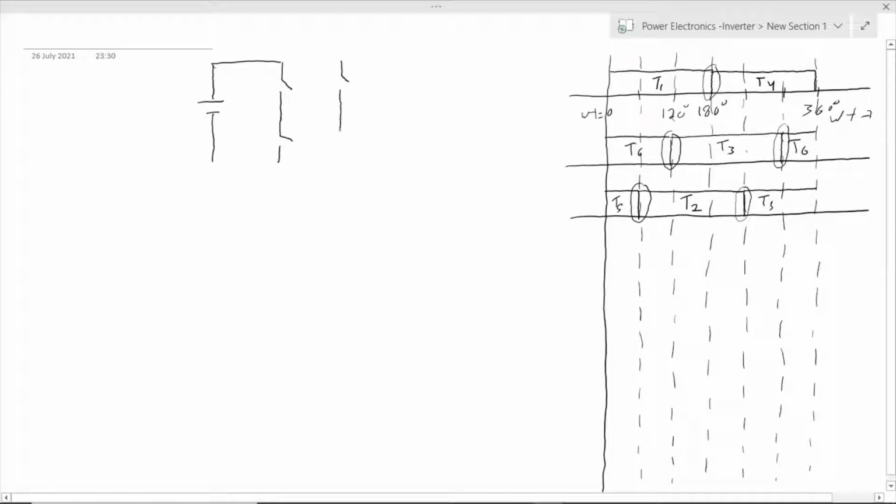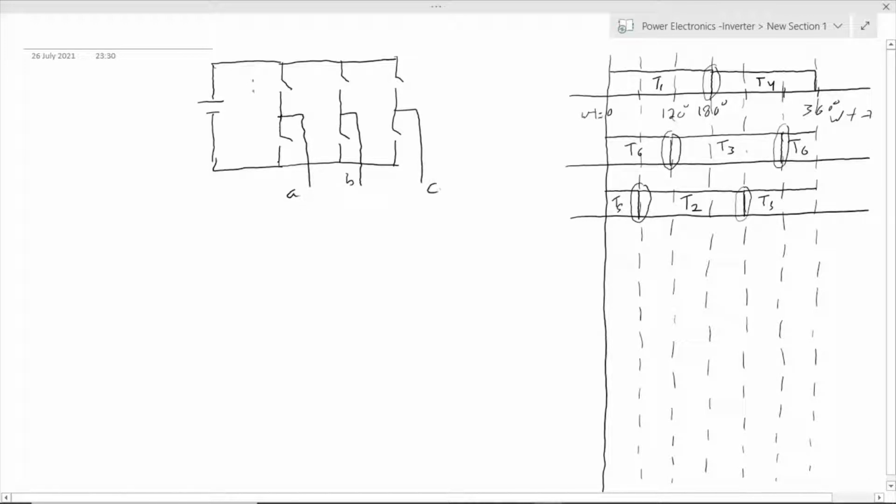Diodes are for inductive load, so they will come into the picture when there is inductive load, as we have talked about in our previous lectures. So that should be acceptable to you all. This will be generating A phase, this will be generating your B phase, and this will be generating your C phase.